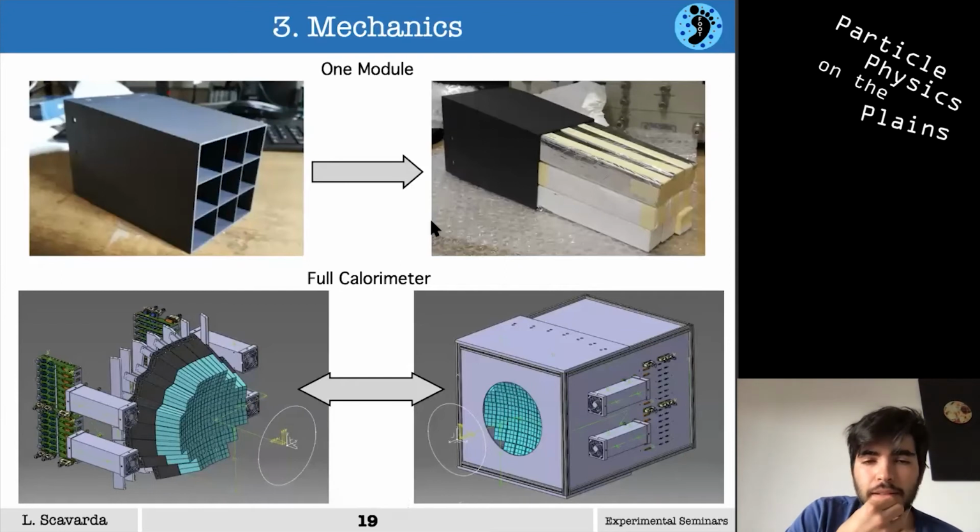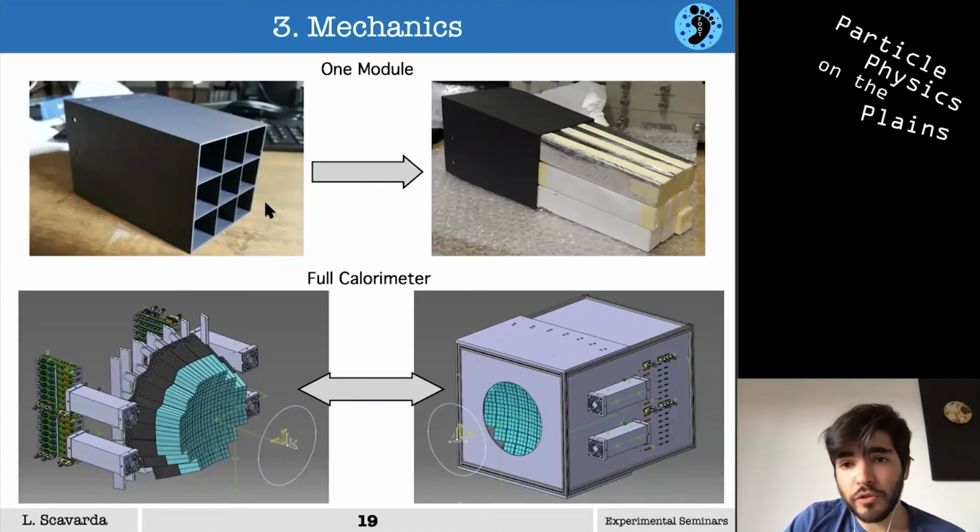Okay, in this slide, I wanted to show you some pictures about the mechanics. Here we have a model related to one single module. Basically, it is a box with 9 holes, so 1 for each crystal. Instead, here we have the idea of the full calorimeter. As you can see, we have all the modules and the structure for all the modules, and also the HV and low V boards related to the voltages.